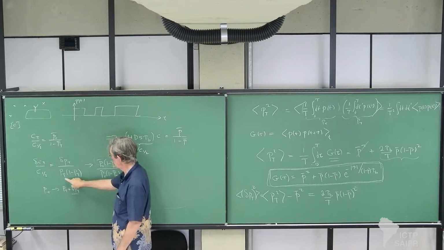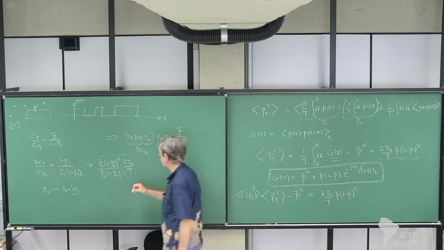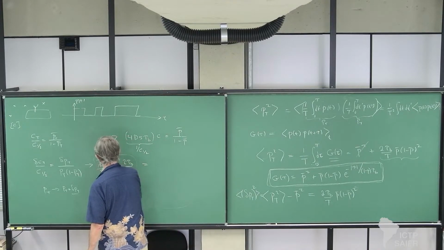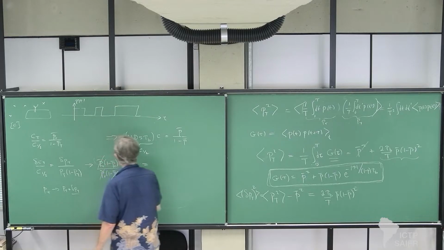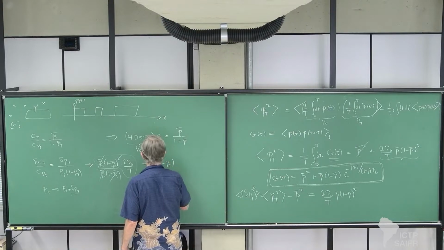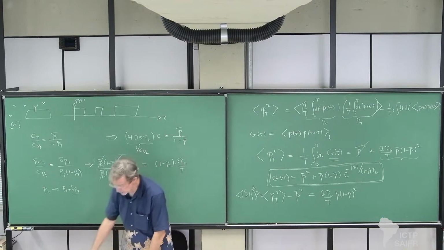And that gives me the 1 over P times 1 minus P. So a lot of stuff cancels out, right? That cancels, that turns into that. And so I get 1 minus PT times 2 tau B over T. That's the error.